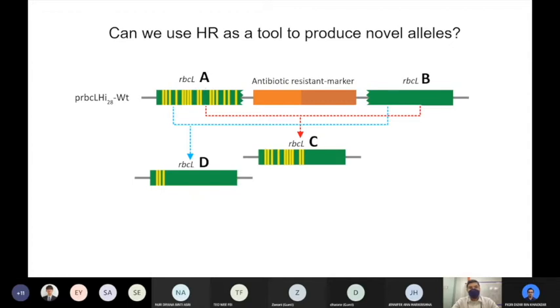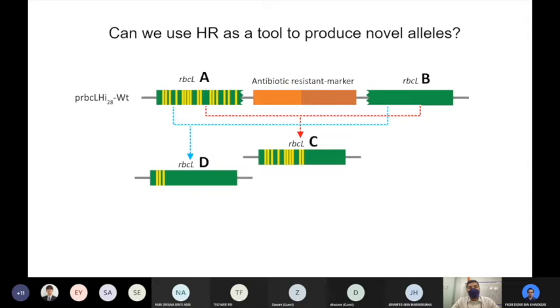So I designed two RBCL genes, indicated by these green bars here. As you can see on RBCL-A, there are multiple yellow lines indicating the polymorphism sites, or mutation sites, that are pre-inserted into the gene first.